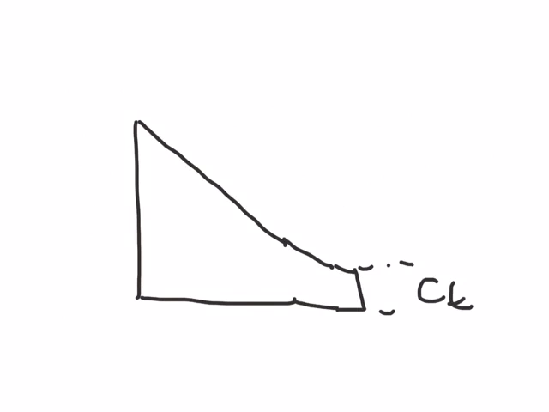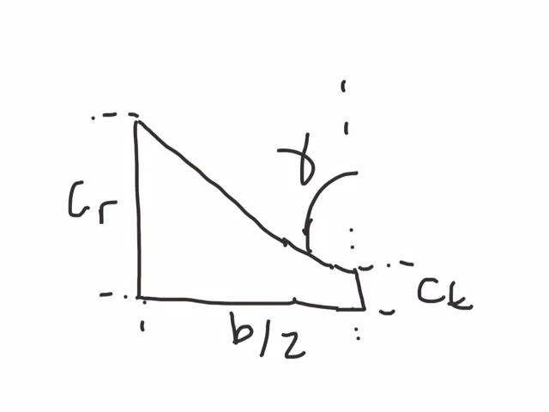This is tip, root, we normally call this gamma dihedral, B/2, and we'll call this C bar, meaning average chord.